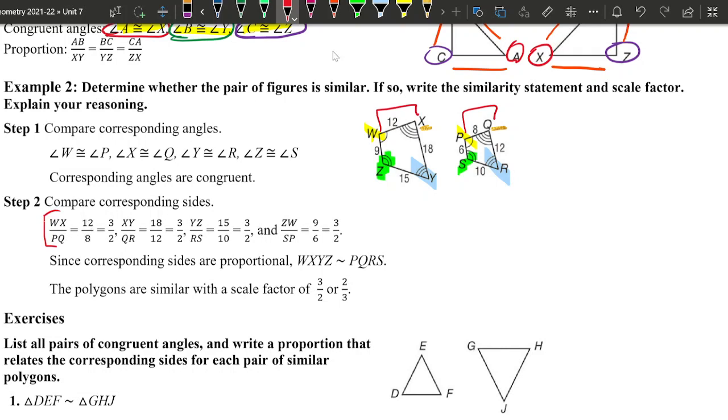If you reduce that fraction, it reduces down to 3/2. And then you look at the next one, XY and QR. That's 18 over 12, which reduces down to 3/2. And then 15 over 10 reduces down to 3/2. 9 over 6 reduces down to 3/2. So when the fraction is in simplest form, it's the same for each side. So that means that they are proportional, and they have a scale factor of 3/2.